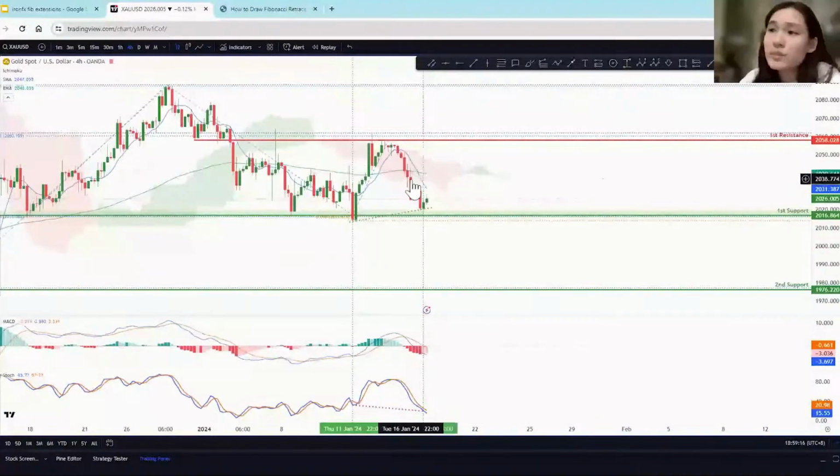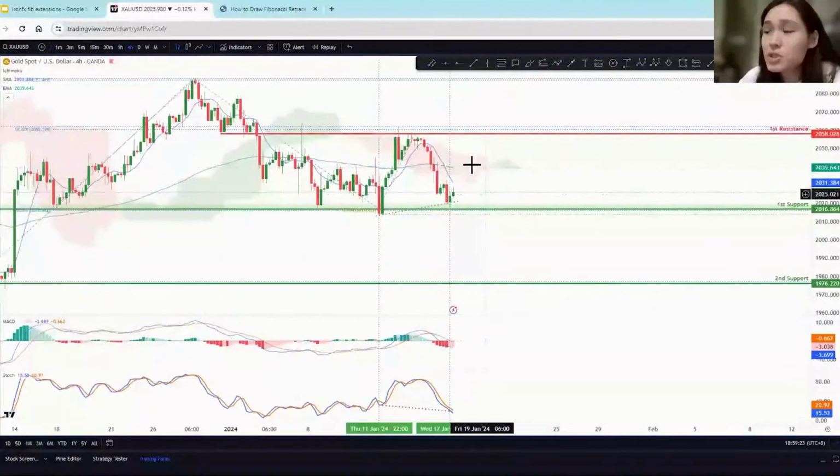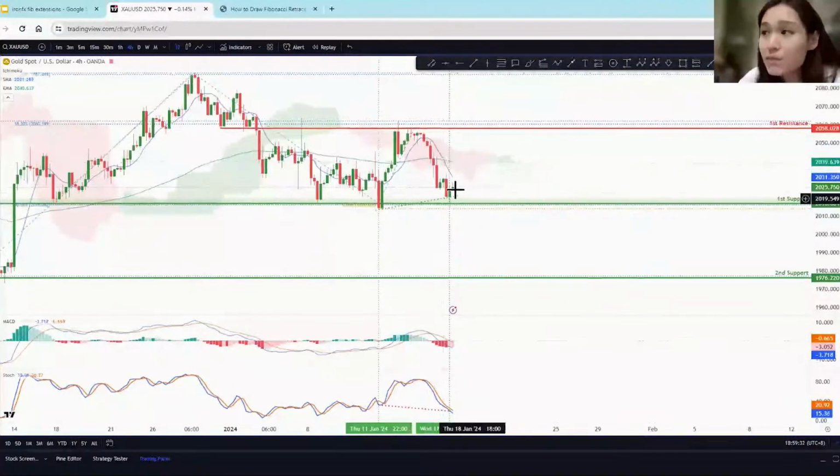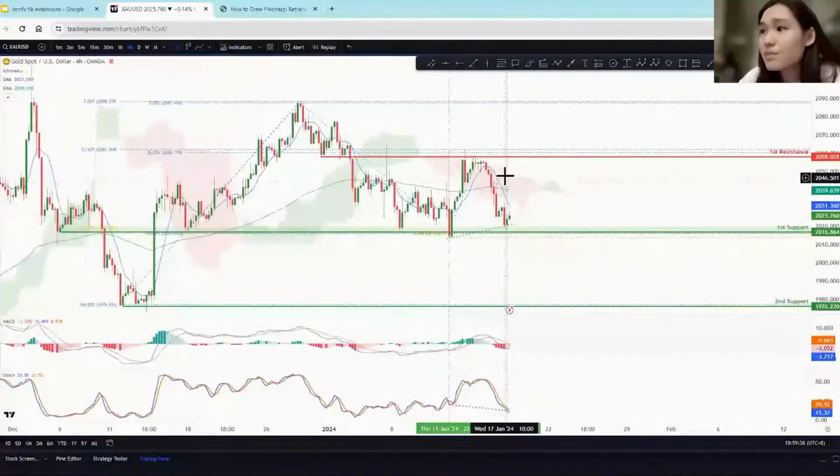The SMA and EMA: price is moving below both of these indicators and they recently crossed over each other, which could suggest a change in trend. It's been pretty uptrend recently, and now we're seeing a downtrend. So that also supports our bearish analysis.